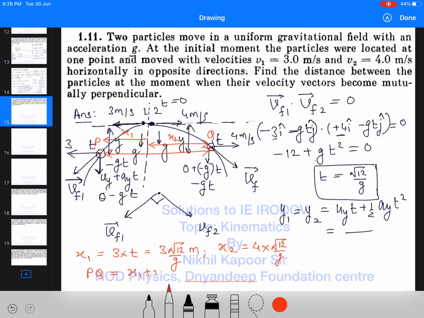Therefore the distance between the two positions will be equal to x1 plus x2, as they are going in opposite directions. So it will be 3 under root 12 by g plus 4 under root 12 by g, which is 7 under root 12 by g.